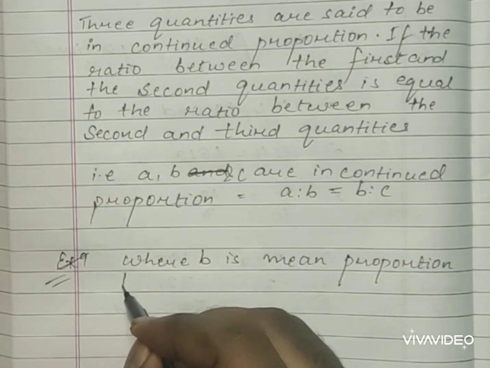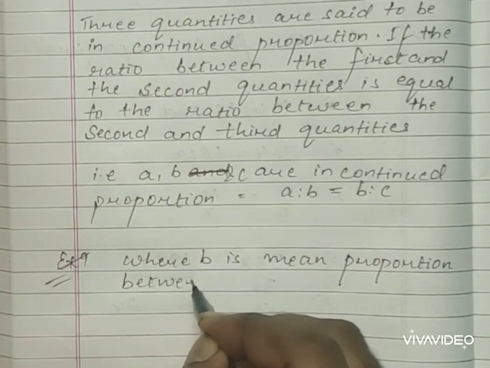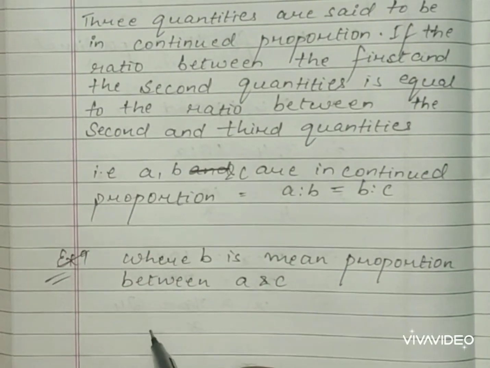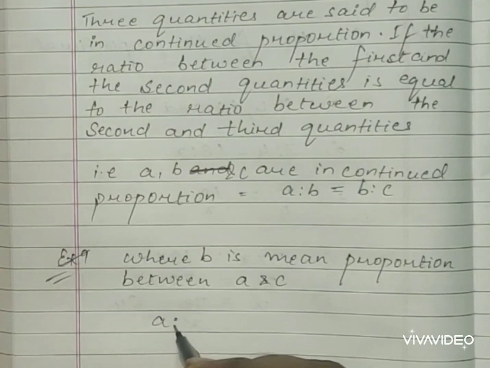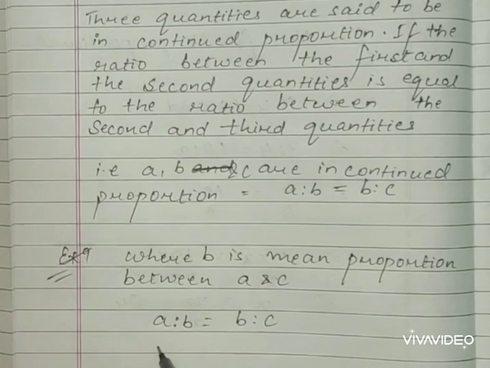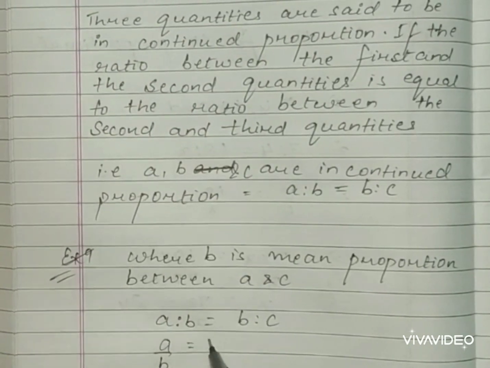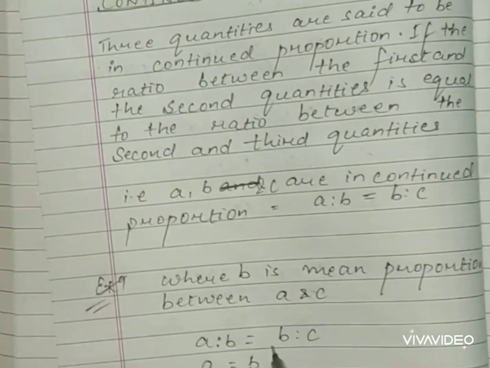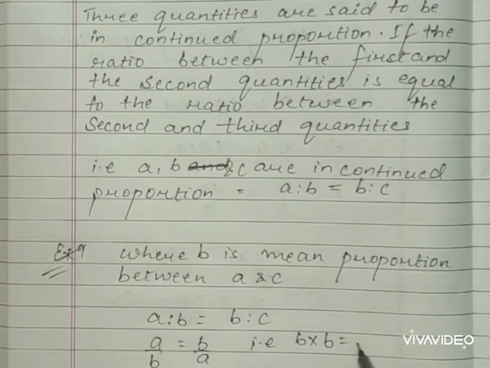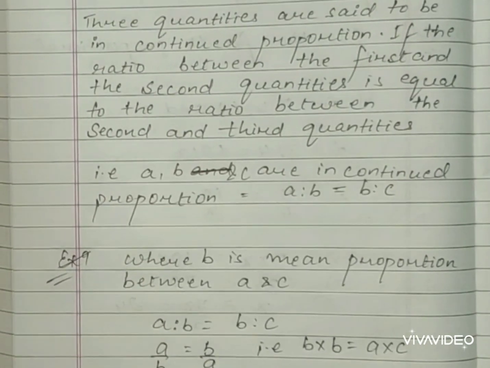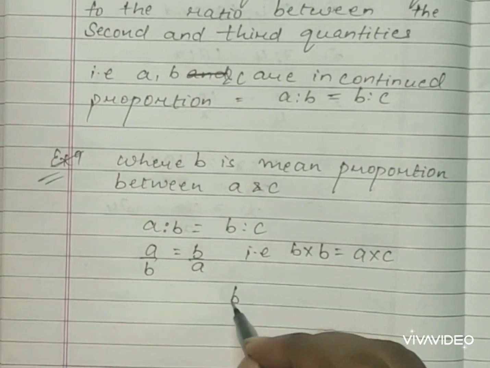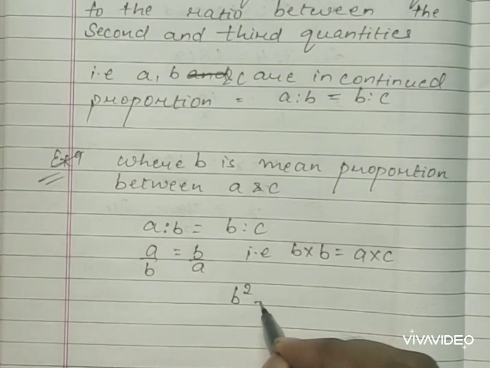between A and C. Okay, so A ratio B equals to B ratio C, or we can also write like this: A upon B equals to B upon C, that is B into B equals to A into C. Okay, or it can be written like this: B square is equals to AC.